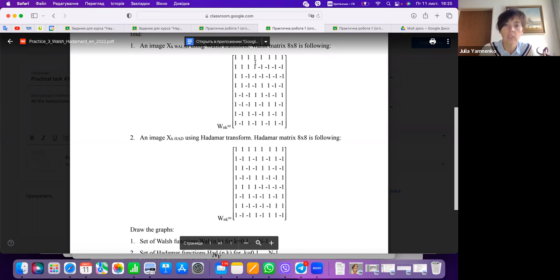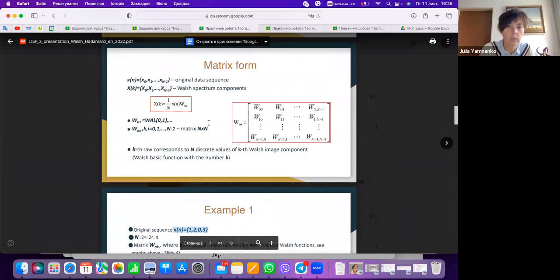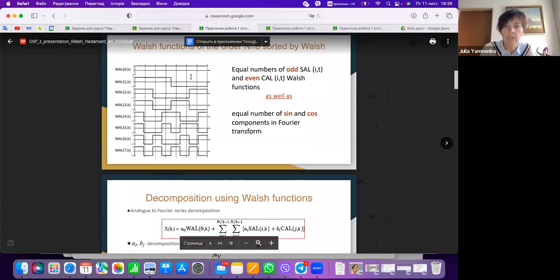So you just have to draw the graph for every row. 1, 1, 1, 1, 1, 8 ones, then 1, 1, 1, 1, minus 1, minus 1, minus 1, minus 1, and so on. So it will be like a set of graphs, and it could be something like, I will show you, something like this.